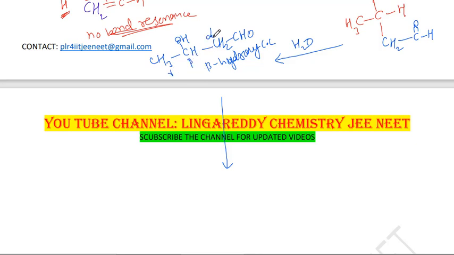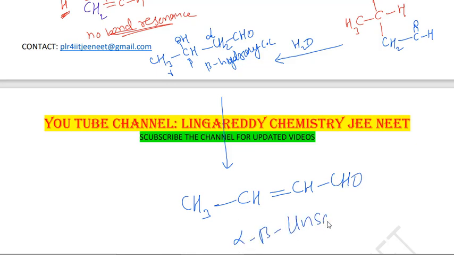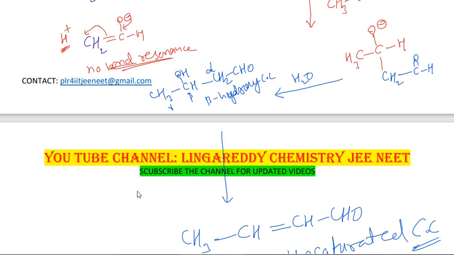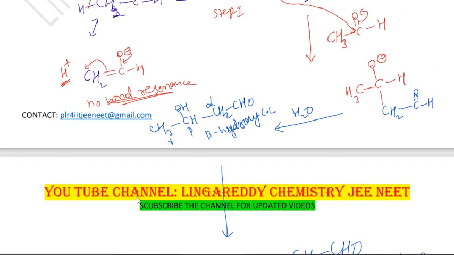From this alpha carbon one hydrogen, and from the beta carbon the OH group, leaves, giving CH3 CH double bond CH CHO. So this is the alpha beta unsaturated carbonyl compound forming. This is the aldol condensation reaction.